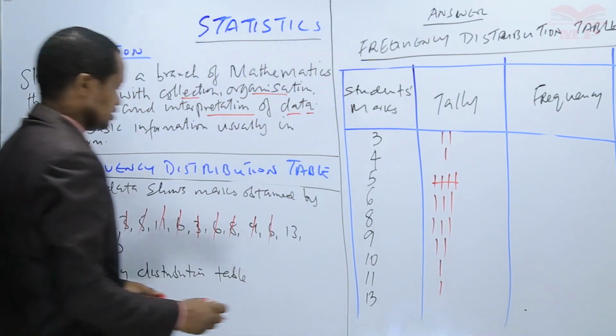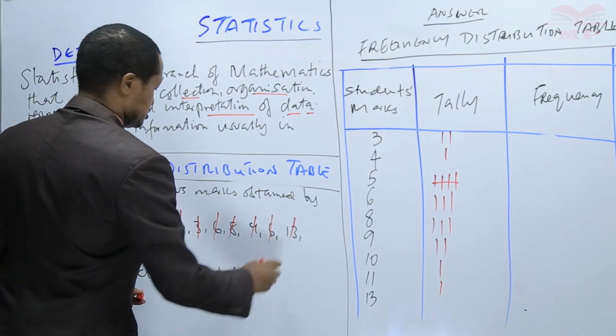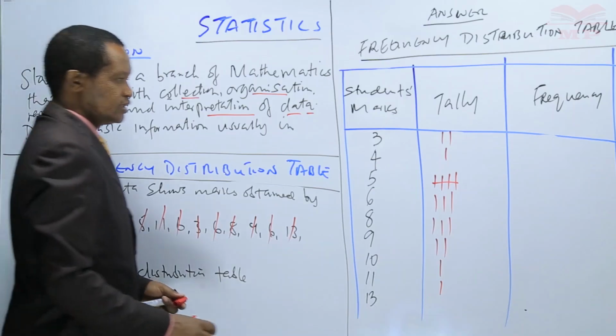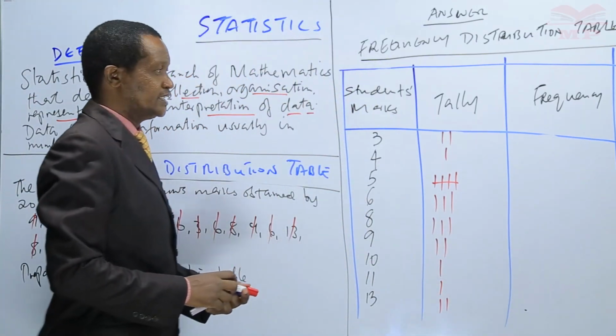How about 13 marks? 1, 2. 2 students scored 13 marks. So we have tallied.